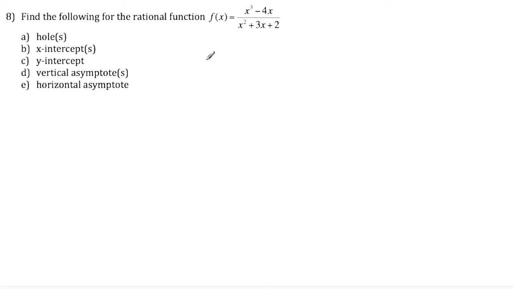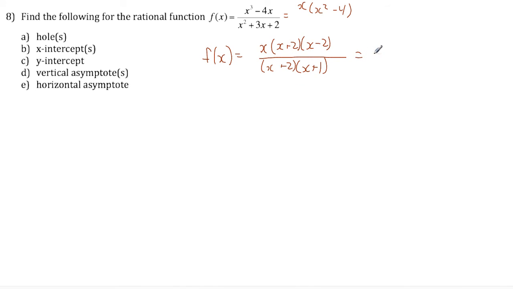So f of x, if we factor the greatest common factor in the numerator, that's actually going to be x times x squared minus 4, which gives us x times x plus 2, x minus 2. And down here we're going to have x plus 2, x plus 1. We have a common factor of x plus 2, so we reduce this to x times x minus 2 over x plus 1.